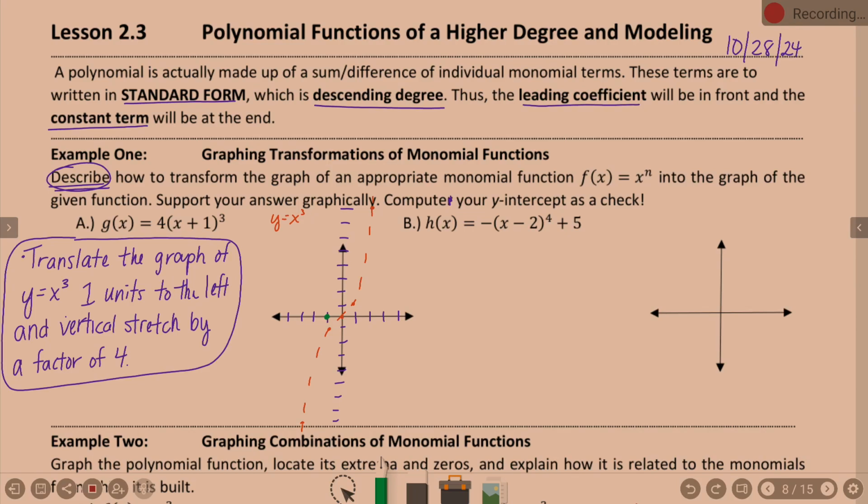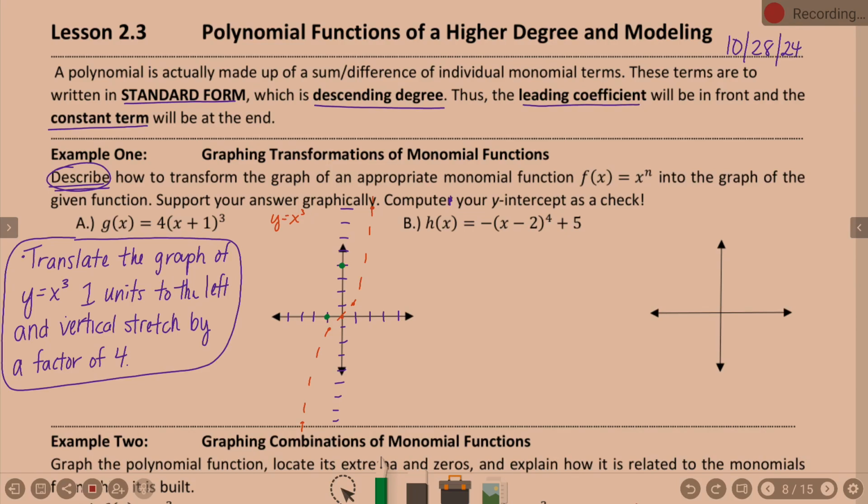What about this 1, 1? When I multiply that y value by 4, it becomes 1, 4. When I move it left 1, instead of being at 0, 1, it's going to be at 0, 4.